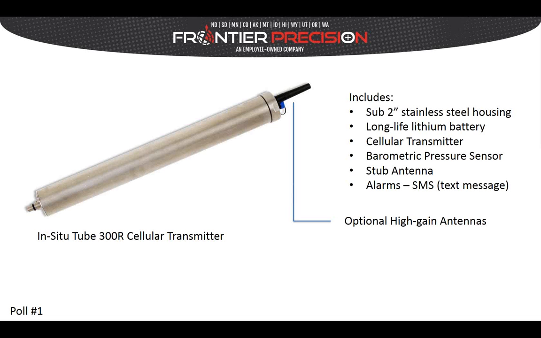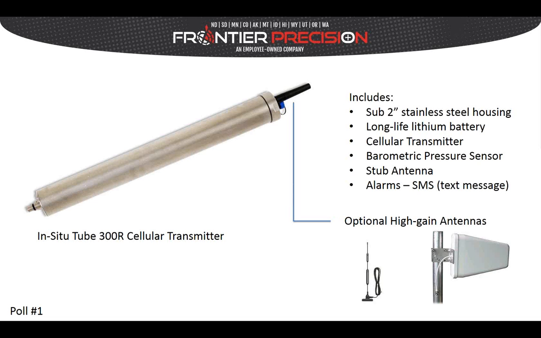Now there are some people out there that either have poor cellular reception or are right on the fringes. So in addition to the little stub antenna that comes with this, we do have two optional high gain antennas that we can offer. These really are not that much more expensive.